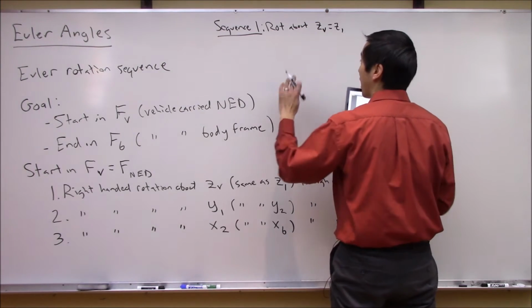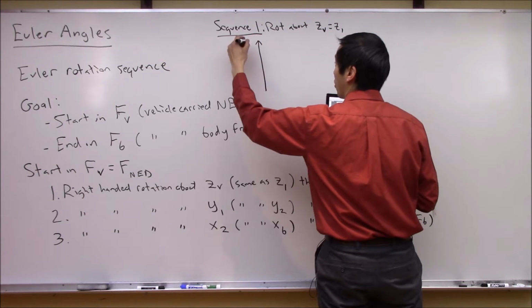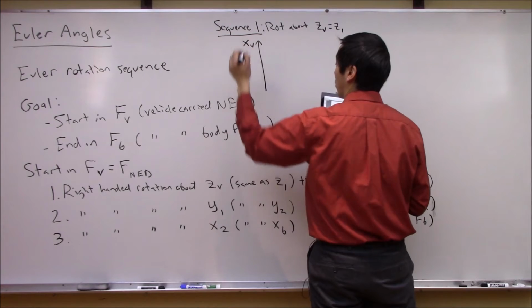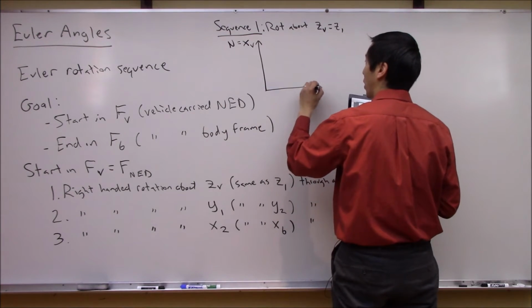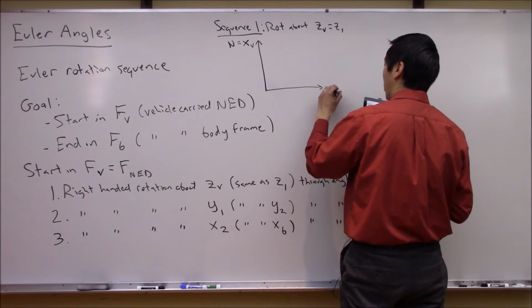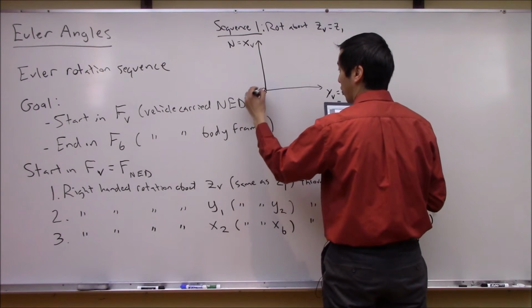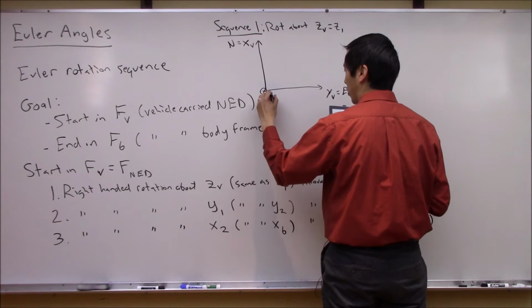So what I mean by that is, let's draw ourselves the north-east-down frame. I'm going to make north in this direction. Let's call this X of the vehicle north-east-down frame. This is basically north. Okay, then east is this way. So here's the y-axis of the north-east-down frame. Well, this is basically the east direction. And then down is into the page in this case, right? So here's Z of the vehicle-carried north-east-down frame, which we're also calling down.